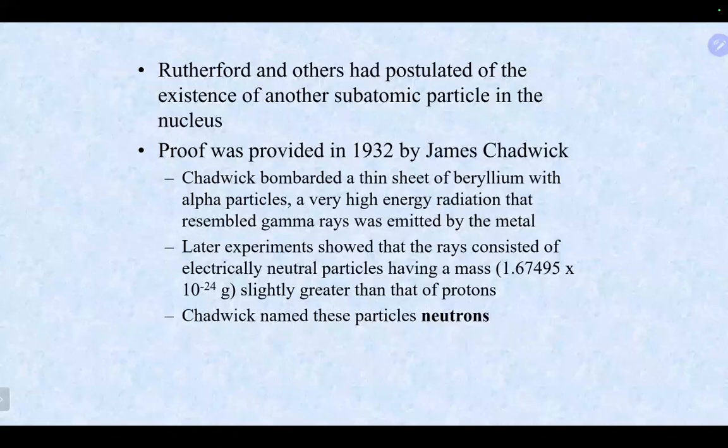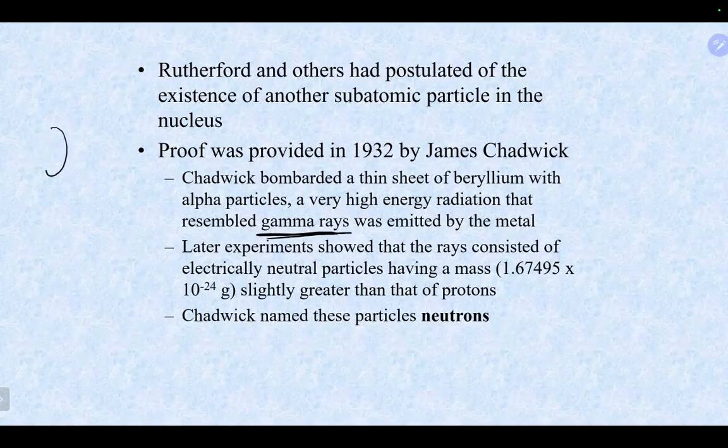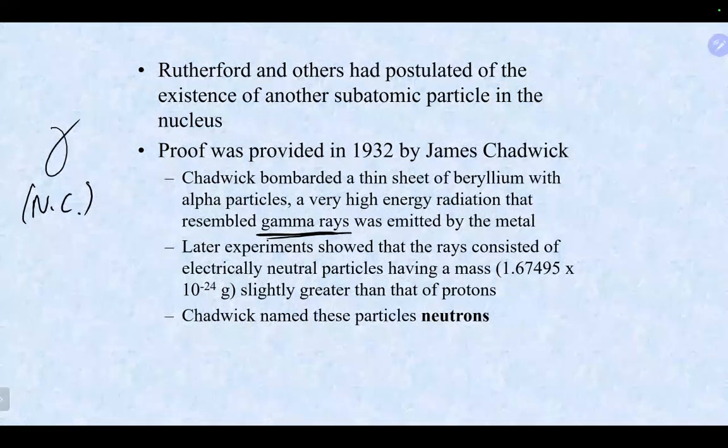He did a lot of work with beryllium and alpha particles, and what he saw was that they would emit really high levels of energy radiation that resembled gamma rays. If you remember, gamma rays are no charge, pure energy radioactive rays. So he witnessed something coming off that was very similar to gamma rays.